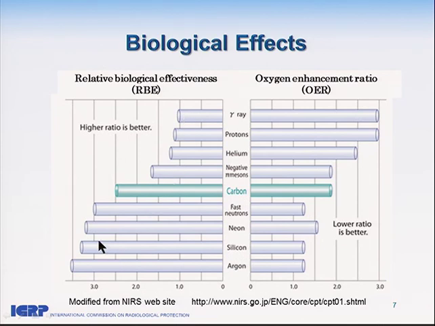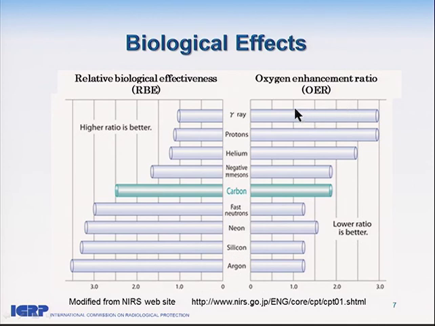On the other hand, radiation oncology has been struggling with the so-called hypoxic effect of tumors. This was a problem for many years when gamma rays or X-rays were used for the treatment of cancer. If a tumor is in a very hypoxic situation, then it needs a larger dose to give the same effect. This is called the oxygen enhancement ratio.